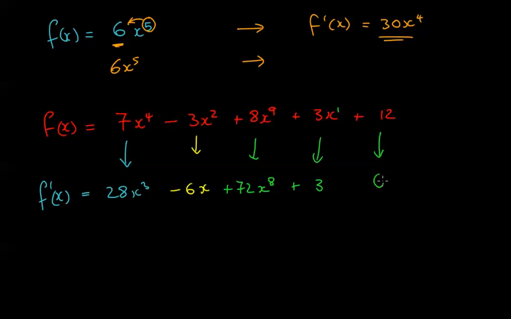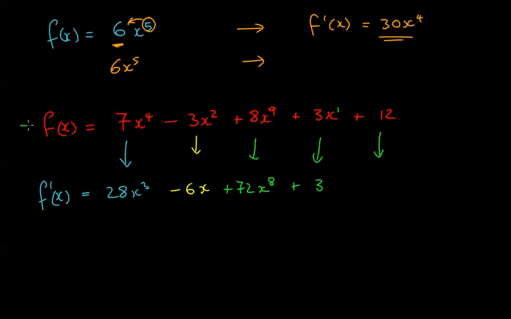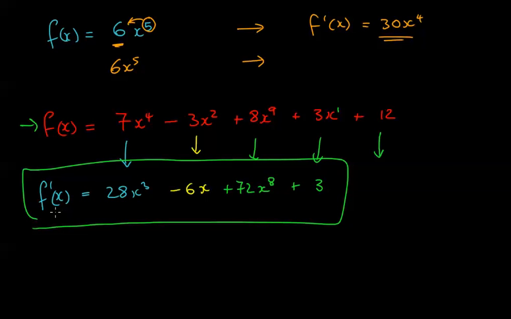Well, it's just 0, plus 0. But do we need to write plus 0? No, we don't. So this complicated function has the derivative function 28x to the power 3, take away 6x, plus 72x to the power 8, plus 3. And that's it.